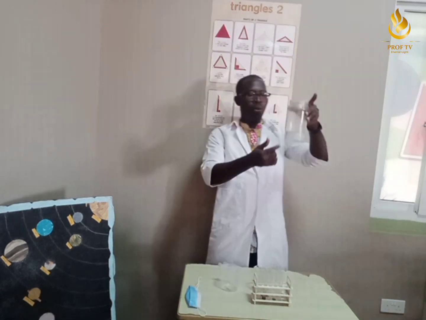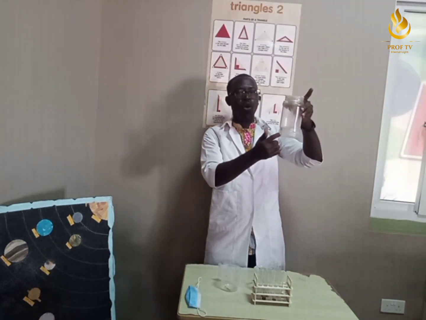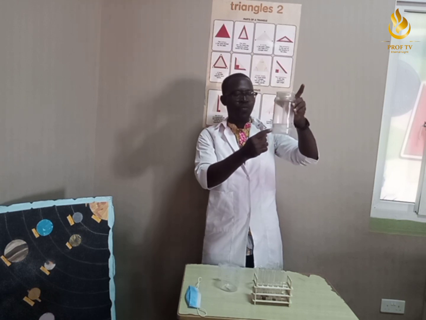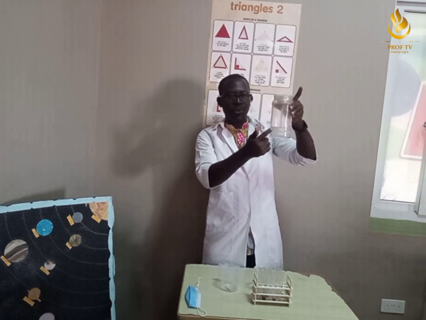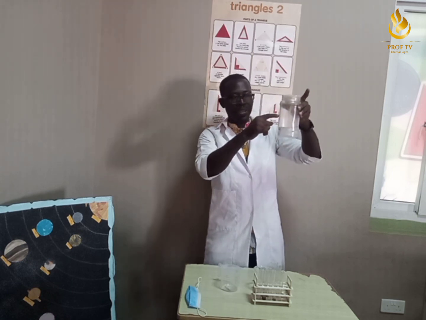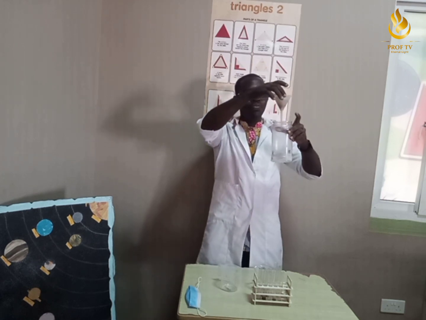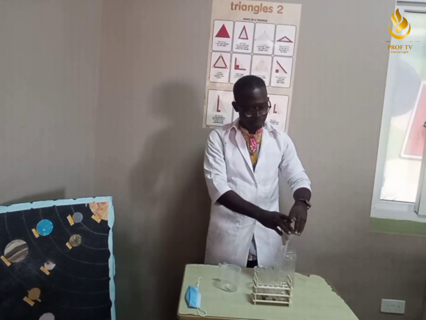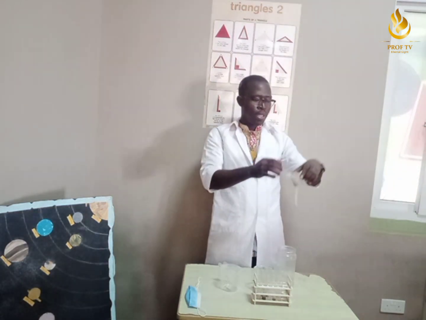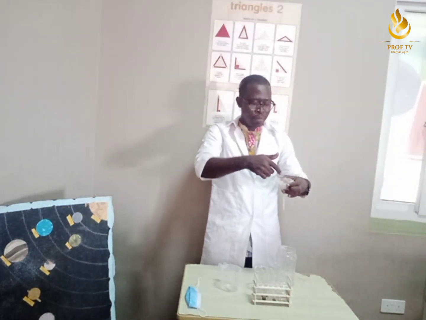Now the water that we have here is called filtrate. This is our beaker. This is our funnel, as I have stated earlier. And then our filter paper is in it.